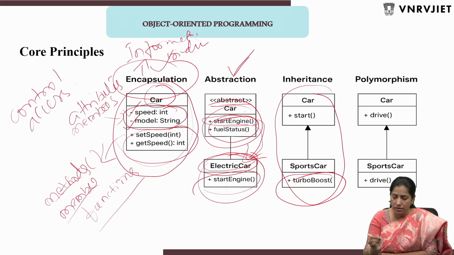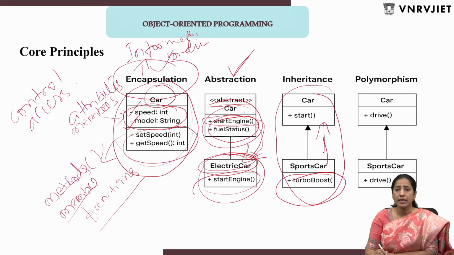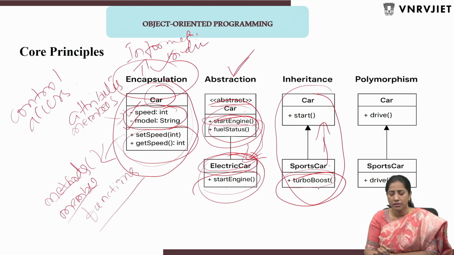If you see in this example, a sports car, which is derived from the car class, also has another method called turbo boost. Sports cars are famous for what? Speed. So we can have another method other than fuel status and start engine of the car class. The derived class can have extra methods also.